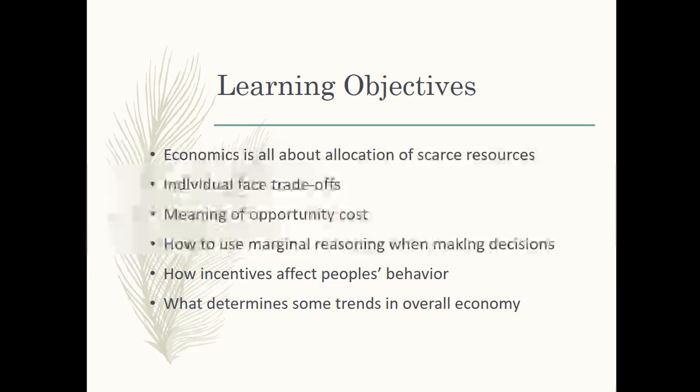Economics is all about allocation of scarce resources. Individuals face trade-offs, the meaning of opportunity cost, how to use marginal reasoning when making decisions, how incentives affect people's behavior, and what determines some trends in the overall economy.